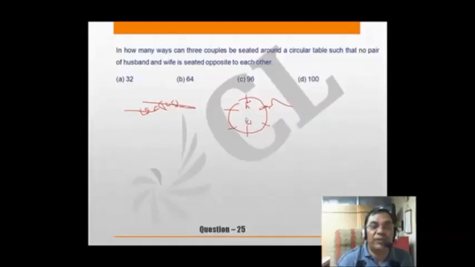Because they are fixed, they can rotate in 4 factorial ways. So 4 factorial, that is 24. 24 gone. Now husband wife I fix it.